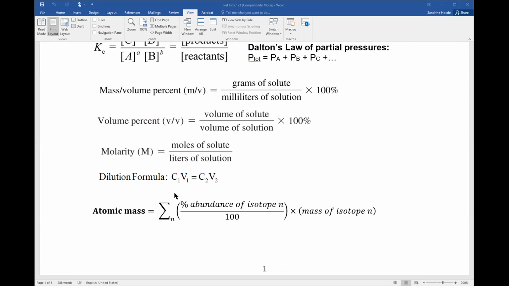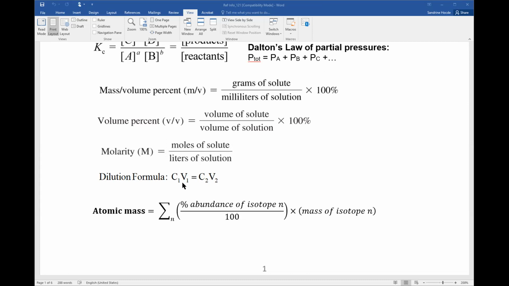The dilution formula allows you to find the concentration of a solution you dilute, or to find how much volume of stock solution you should take and dilute to get a given new concentration. The ones refer to the initial solution and the twos to the final solution.